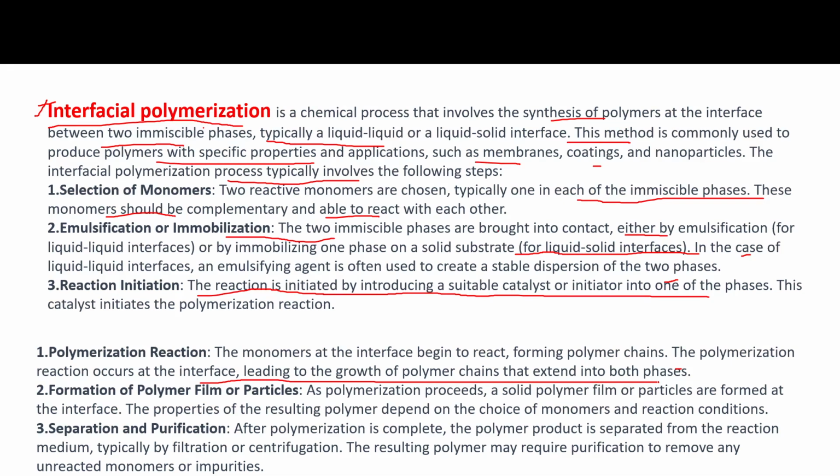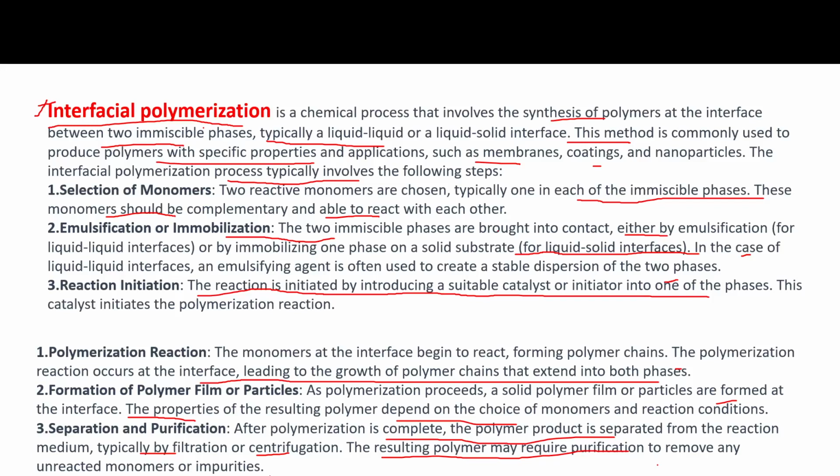Formation of the polymer film or particles: as polymerization proceeds, a solid polymer film or particles are formed at the interface. The properties of the resulting polymer depend on the choice of monomers and reaction conditions. Separation and purification: after polymerization is complete, the polymer product is separated from the reaction medium, typically by filtration or centrifugation. The resulting polymer may require purification to remove any unreacted monomers or impurities.